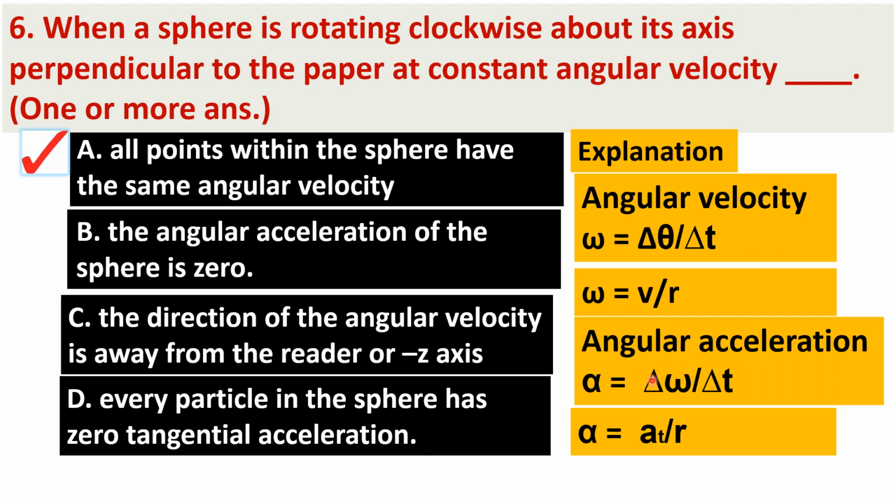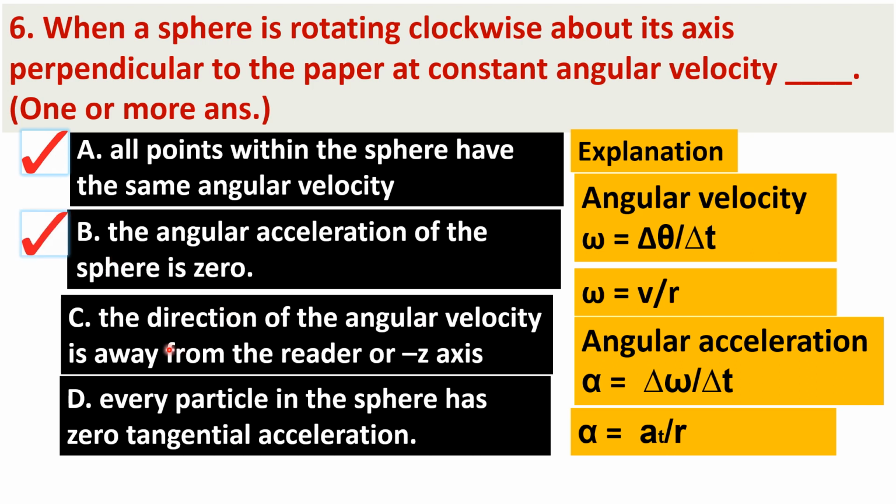There is no delta omega in this situation because it's constant. The initial and the final omega are just equal. In short, alpha, angular acceleration, is 0. Therefore, letter B is correct.